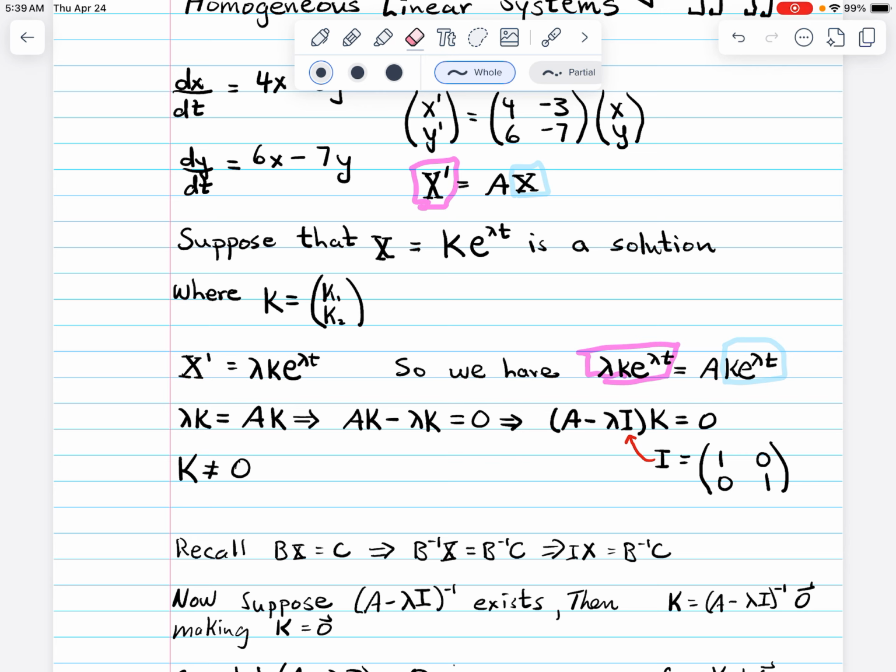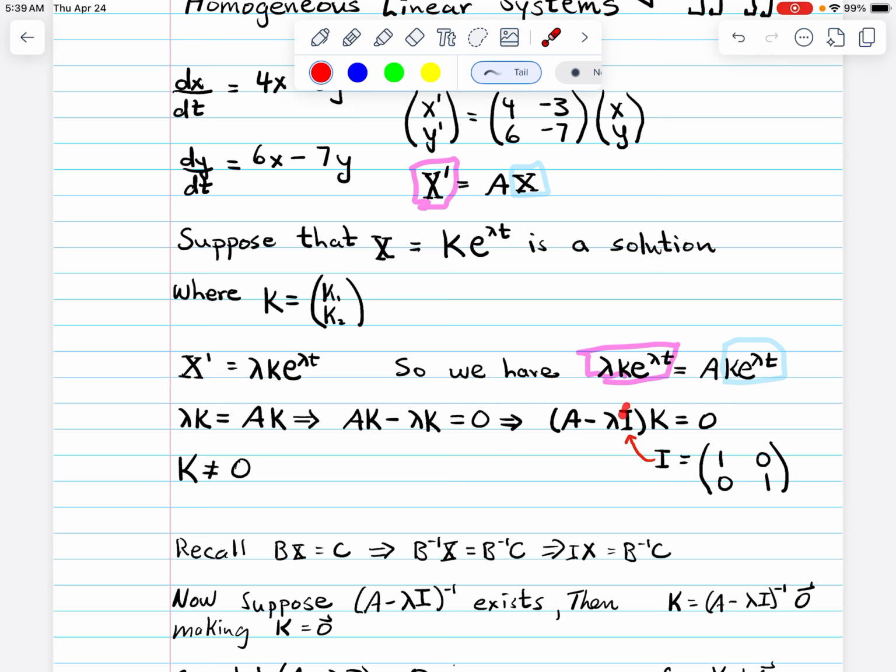Now, we could then subtract the lambda K from both sides, and we get this equaling 0. And then I'm going to factor out the K. I'll just pull this K out. And now I've got this on the inside.